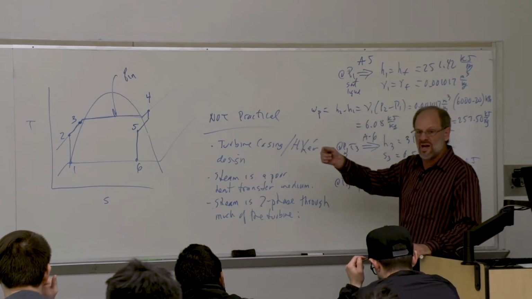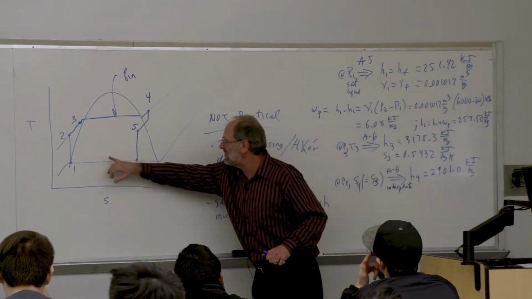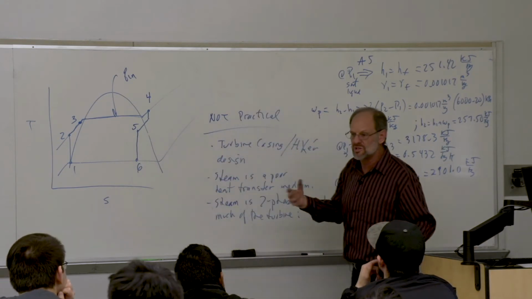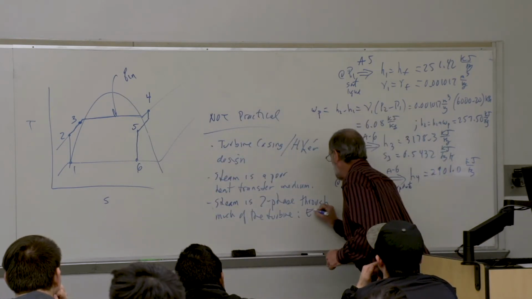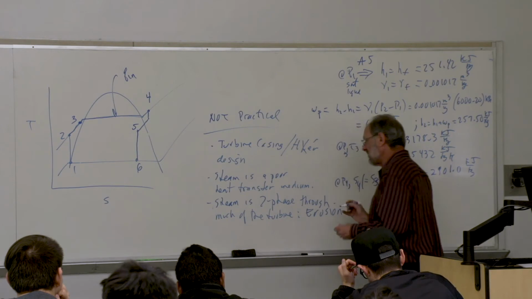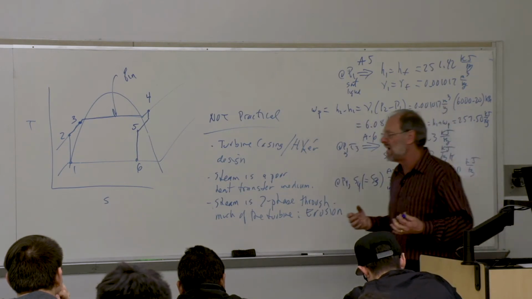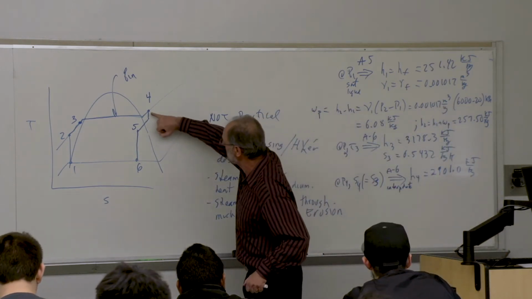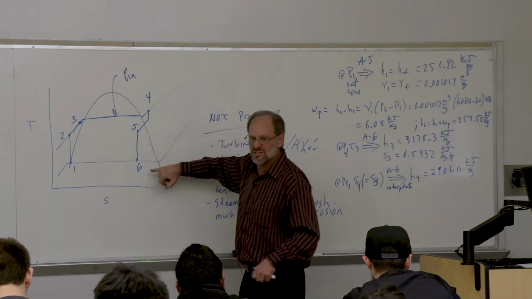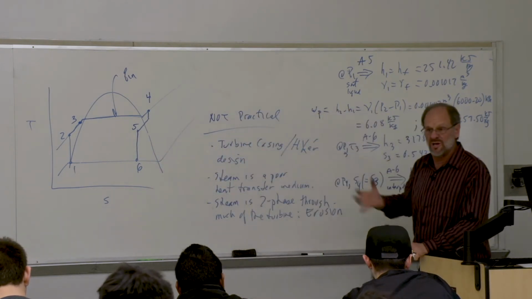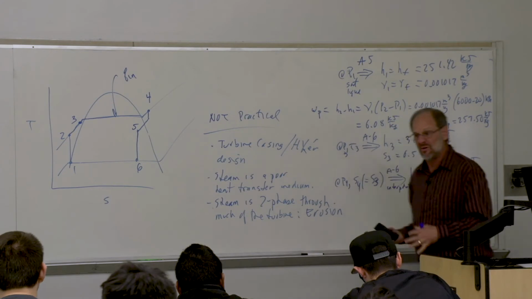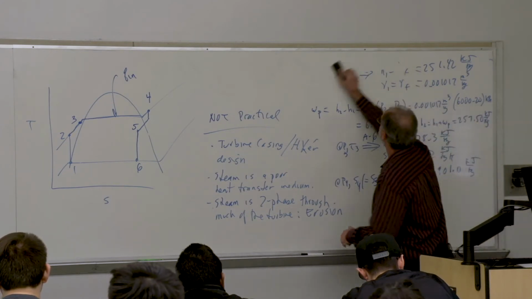So any water droplets, any of the liquid in the two-phase mixture is going to definitely cause erosion on the turbine blades. So there's another reason why we really don't want to do it this way. We don't want erosion of our turbine blades. We really like to keep the steam moving at least as long as possible through the superheat region so that we don't have any liquid, so we don't have erosion problems.